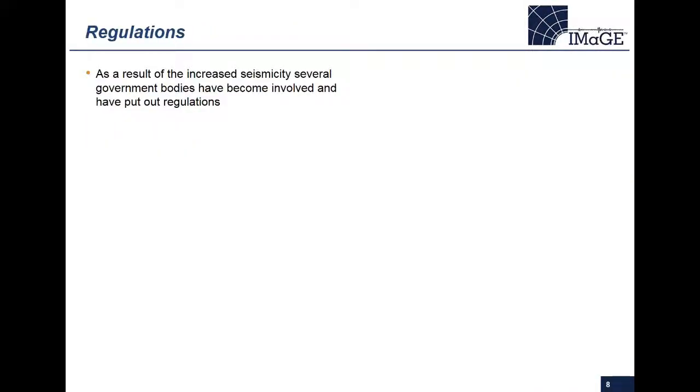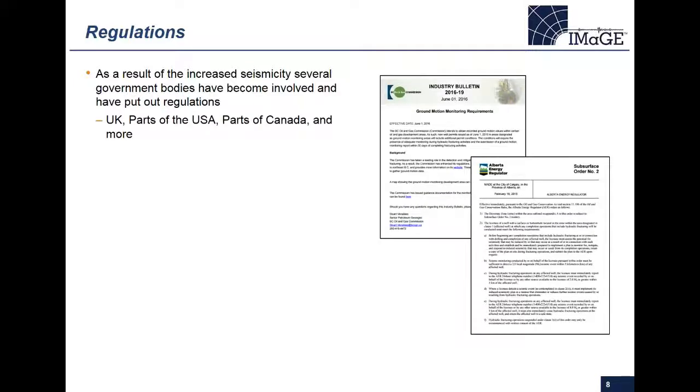So as a result of this increased seismicity, there's been several government bodies that have put out some regulations. And again, I'm going to focus mostly on oil and gas related ones, but there are definitely some associated with mining and geothermal and other industries as well.